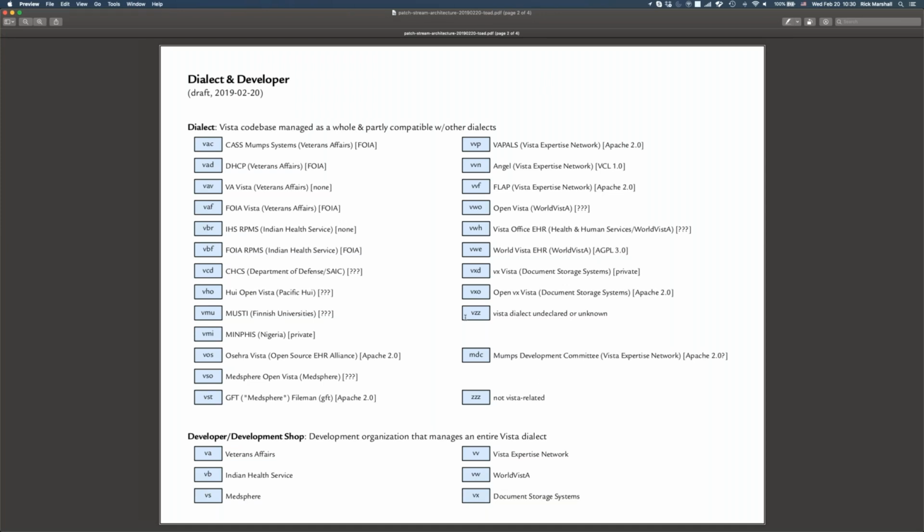One is if you don't say which dialect your software goes with, we have a code for that. It's VZZ. And the ZZ dates back to the fact that before the hard hats meeting in the early 80s, when all sites were given their own unique name, like ARJ for Puget Sound or APG for Phoenix, it used to be that if you did local development, they just said put it under the name ZZ.